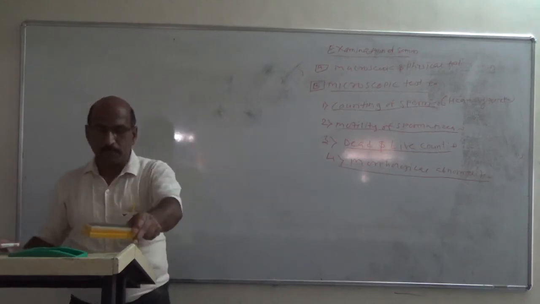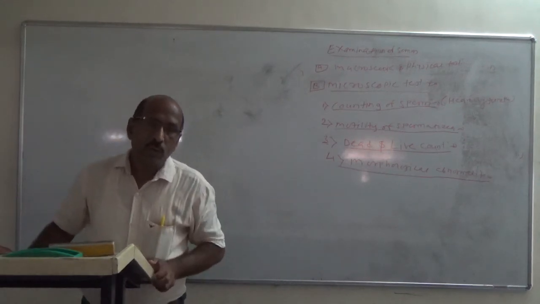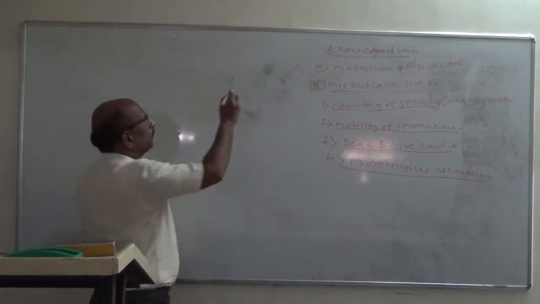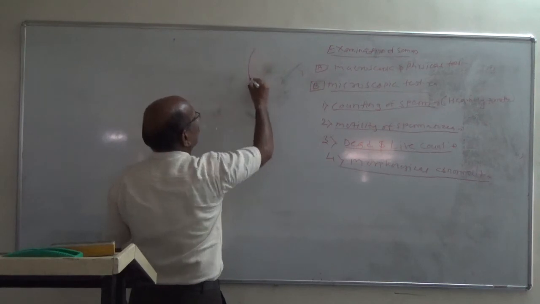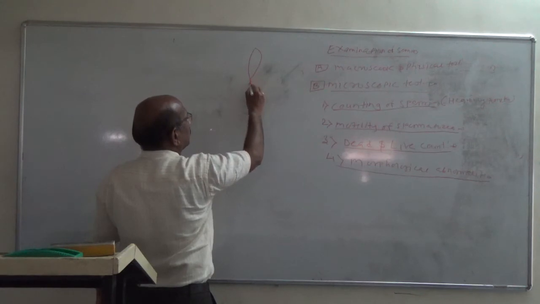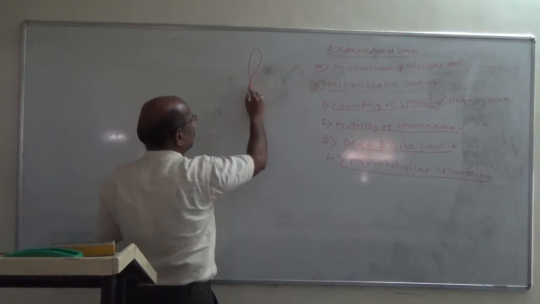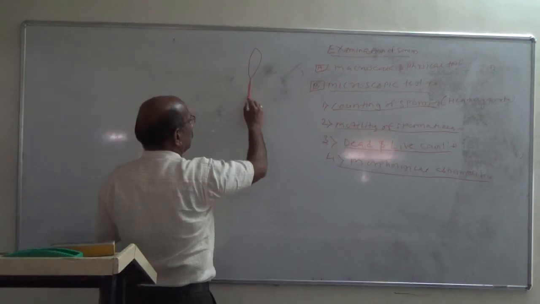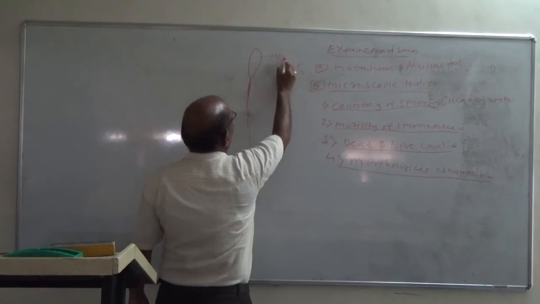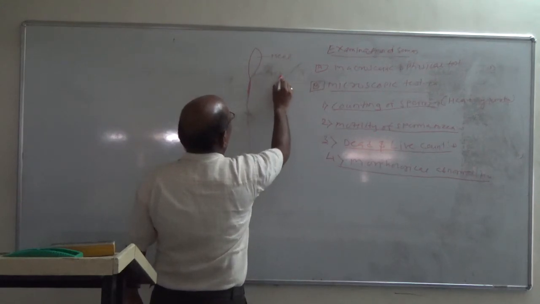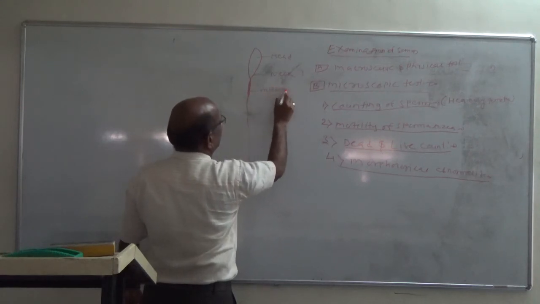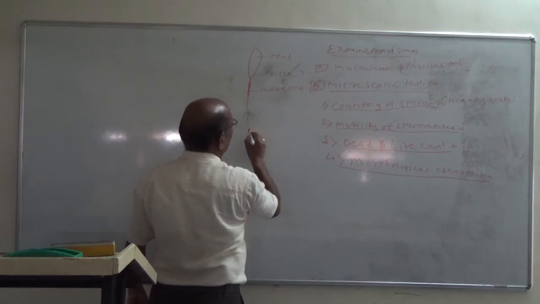And the fourth is morphological abnormalities. See the normal structure of sperms, having head, neck, middle piece and the tail.